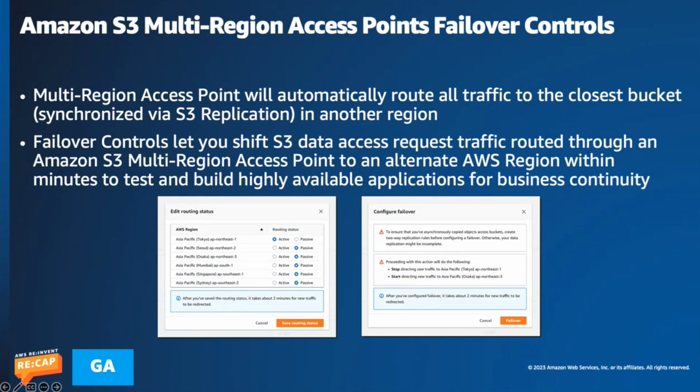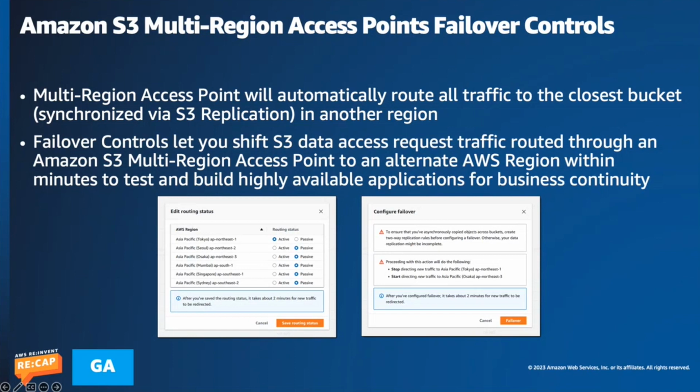Basically it uses the AWS Global Accelerator to monitor network congestion and connectivity to route traffic to the closest copy of the data. And at re:Invent, we added failover controls for Multi-Region Access Points.